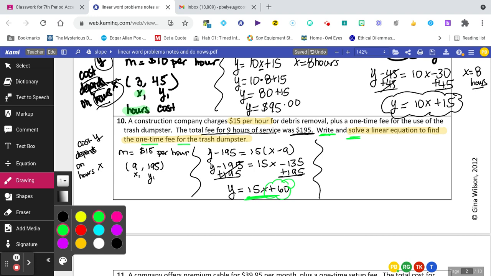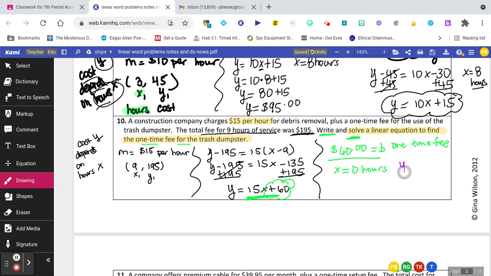That's what you have to pay no matter what, okay? So you pay that fee no matter what, and you pay it one time. So that one-time fee is $60. I can look at the equation because that one-time fee again is B. It represents B. Or you could plug in an x of 0 hours, because you pay that one-time fee even before you have any hours.